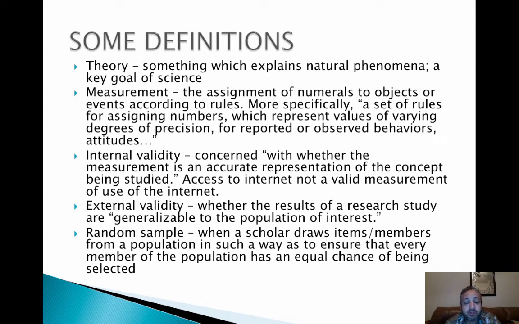So here's what we'd have to do to measure religiosity. We'd have to come up with a very specific set of rules, right? Where certain numbers stand in for certain things. So we might come up with a scale of questions, like, to what extent is religion important in your life?